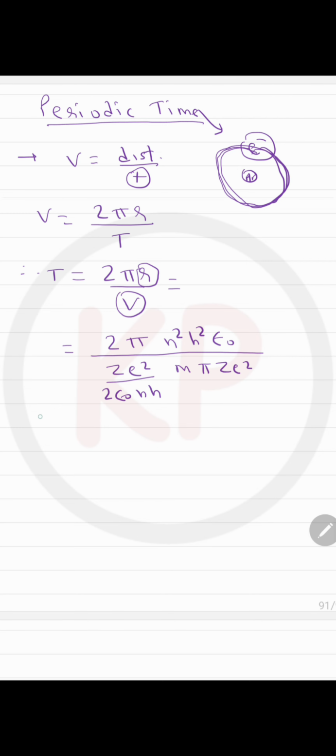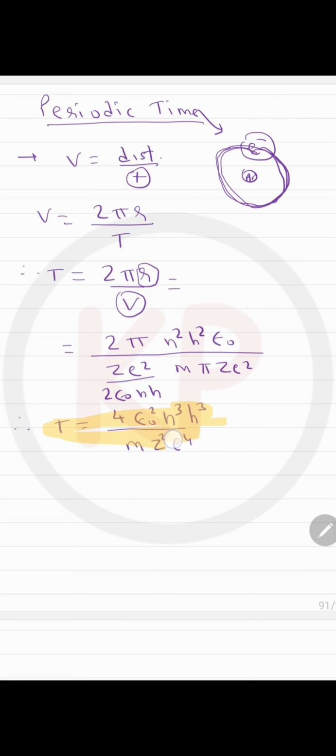If we put all these values, then periodic time will be 4 epsilon 0 square n cube h cube by m z square e raised to 4.